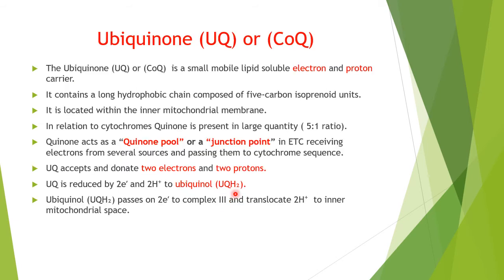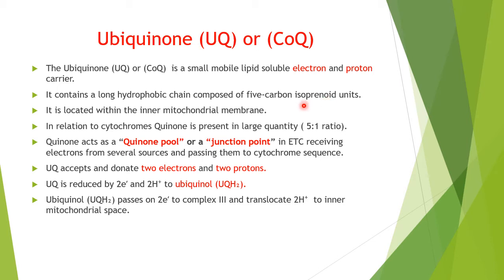Now let us see ubiquinone, which is also called coenzyme Q. This ubiquinone, or coenzyme Q, is a small, mobile, lipid-soluble electron and proton carrier. It contains a long hydrophobic chain composed of 5-carbon isoprenoid units, so because of that it is present within the phospholipids.